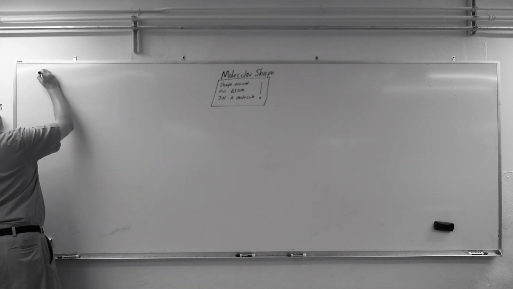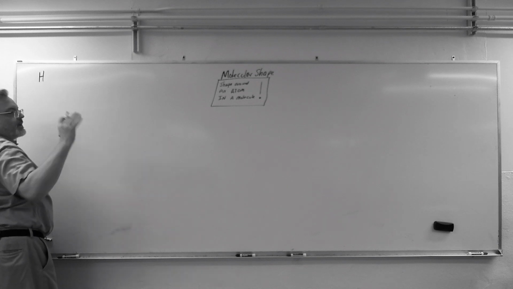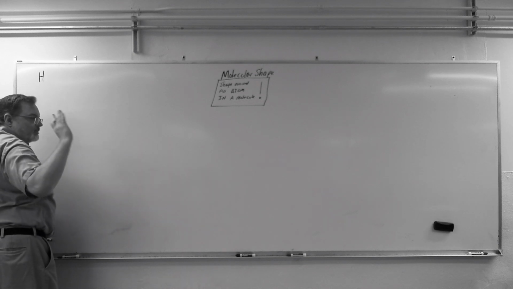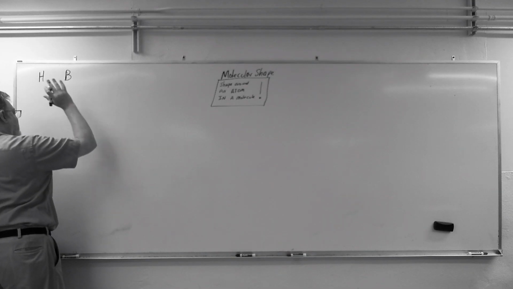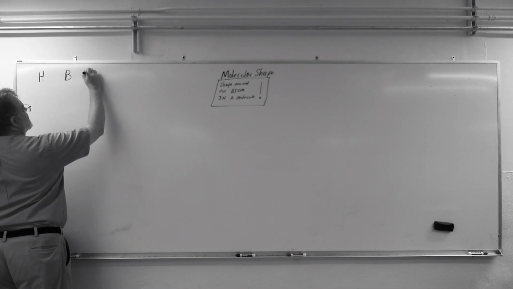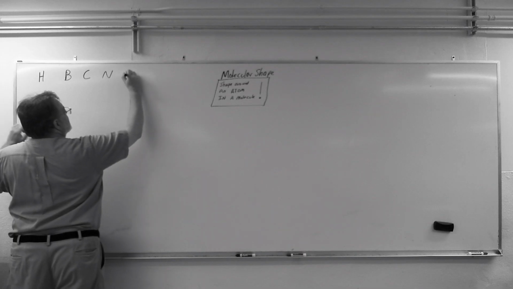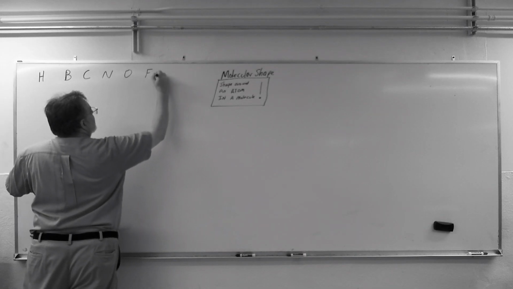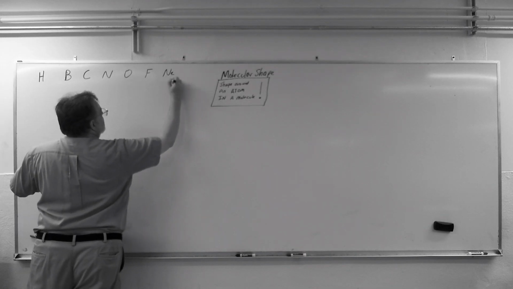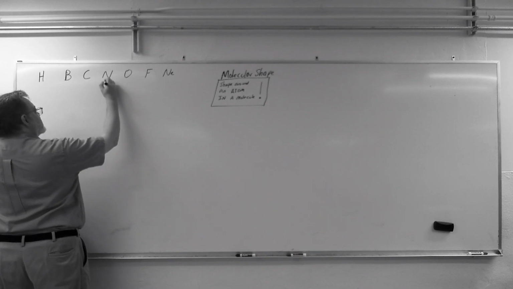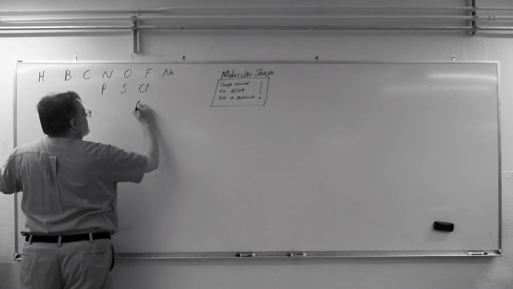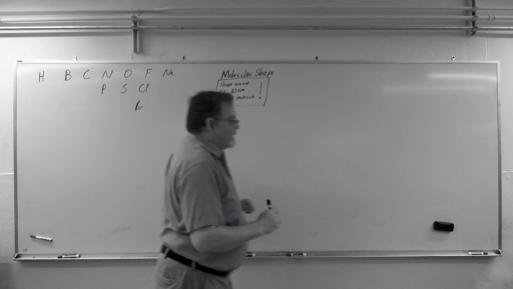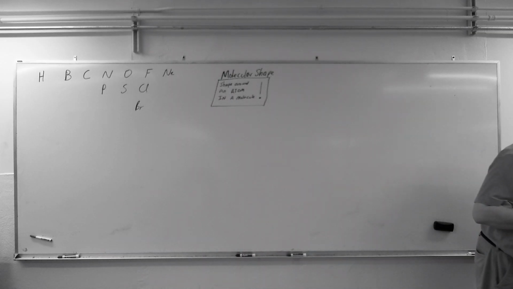Here's your periodic table of the nonmetals. I'll include boron because it's a metalloid and it sometimes shows up in molecules. B, C, N, O, F. I'll put neon here, but we won't deal with these. And of course, we've got phosphorus, sulfur, chlorine, bromine. Where's my periodic table?